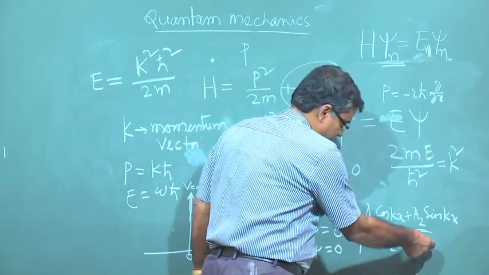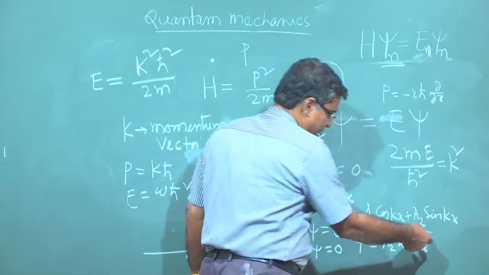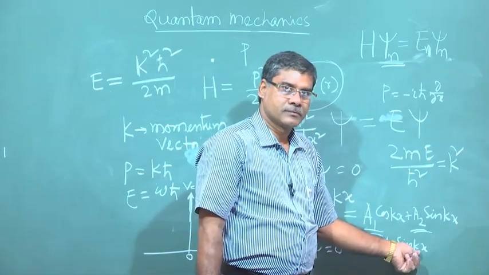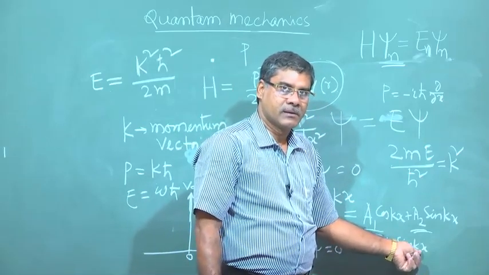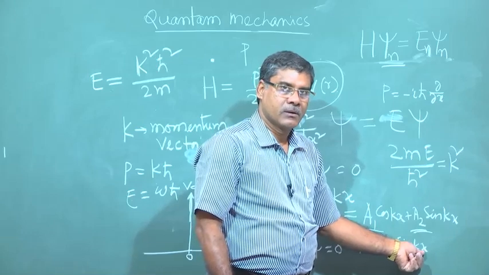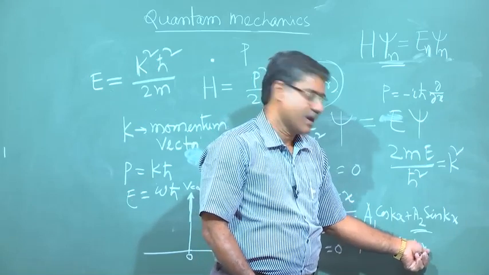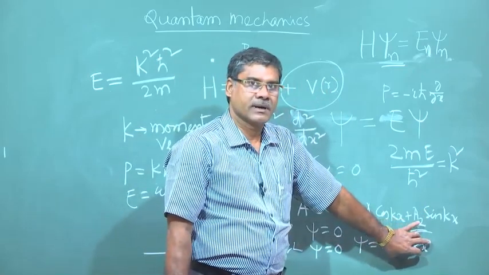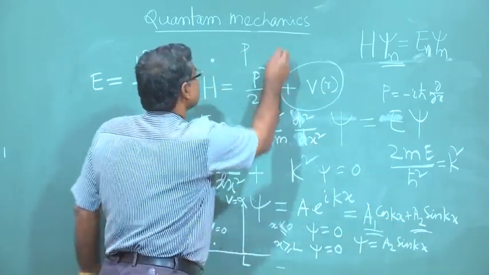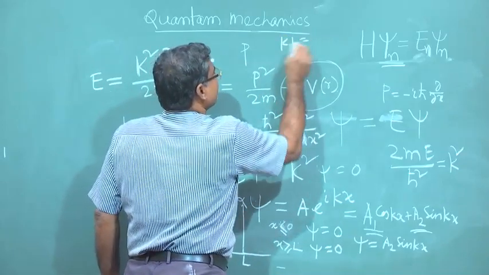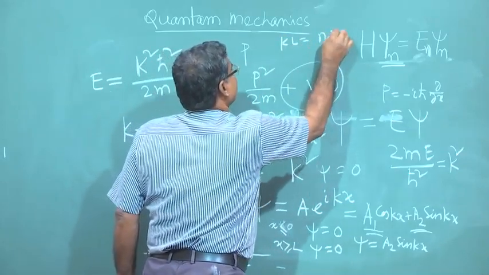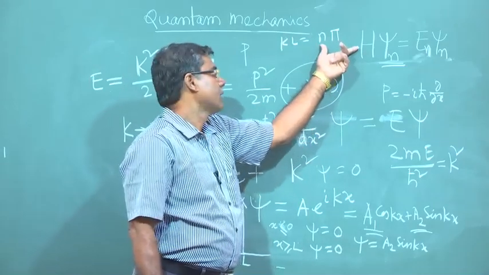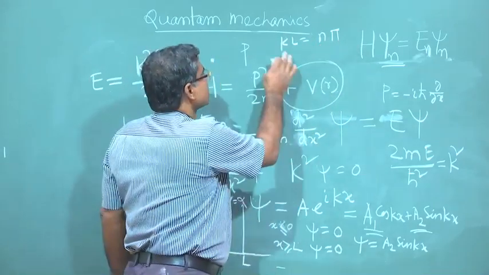KL will be pi, 2 pi, 3 pi, 4 pi, then it will be 0. That means this gives KL equal to n pi, n equal to 1, 2, 3.